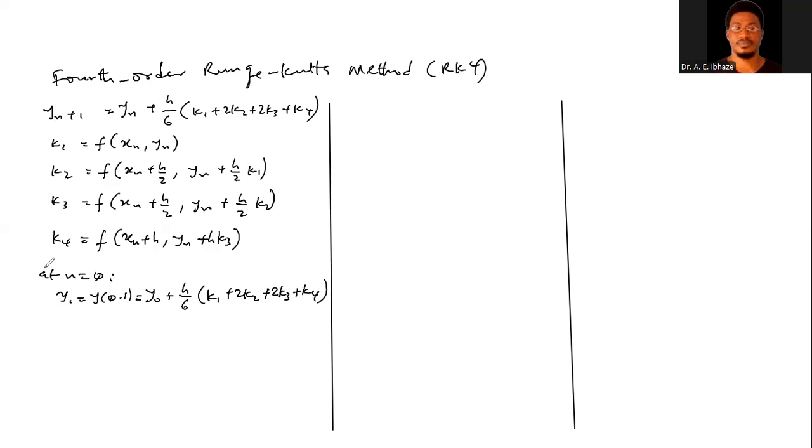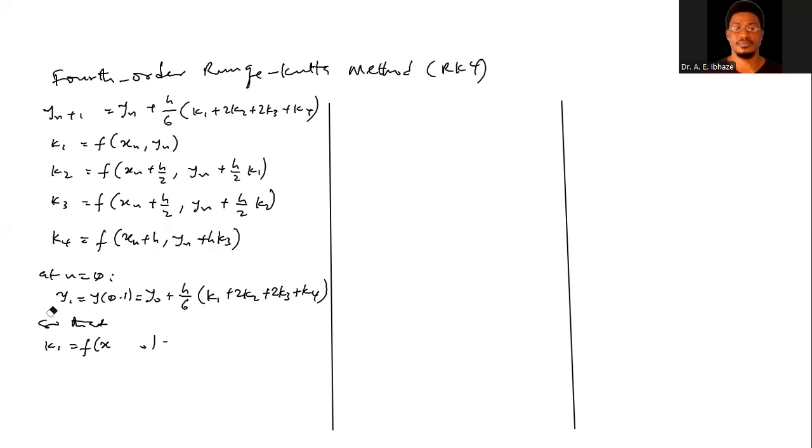Now, k1, for which n is 0, will be the same as f of (s0, y0).